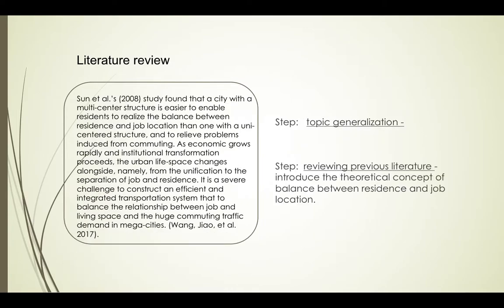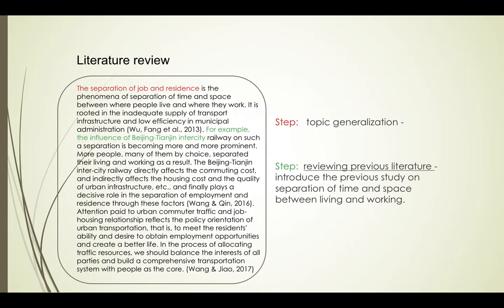And then there will be the introduction of the theoretical concept of balance between the residence and the job locations by the previous studies. The next paragraph will review the previous literature to introduce the separation of time and space between living and working.